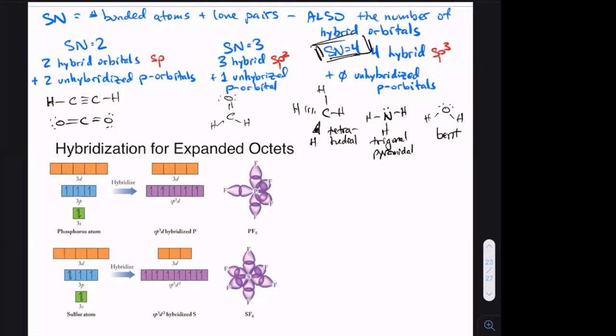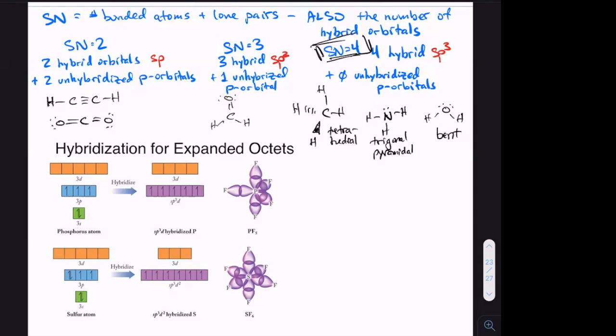Now we can actually take a look at it. It involves the use of the d orbitals that you only have when you're at a principal energy level of 3 or higher. That's why oxygen, nitrogen, carbon, they can't have an expanded octet. But things in n equals 3 or higher, like sulfur and phosphorus and selenium and silicon, those can have expanded octets. Well, this model actually explains how you do it.